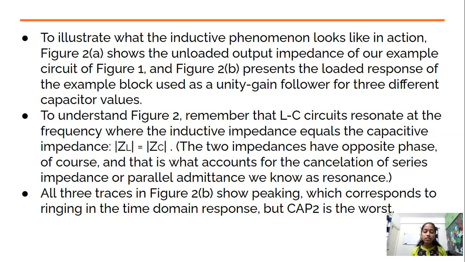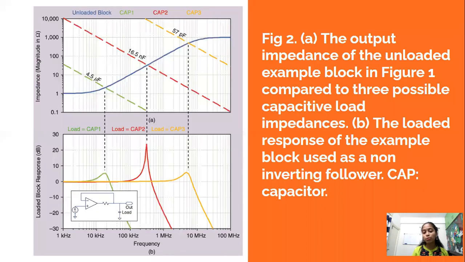All three traces in figure 2 show peaking, which corresponds to the ringing in the time domain response, but CAP2 is the worst. Here we can see in figure 2A the output impedance of the unloaded example block in figure 1 compared to the three possible capacitor load impedances. B shows the loaded response of the example block used as a non-inverting follower with each capacitor.